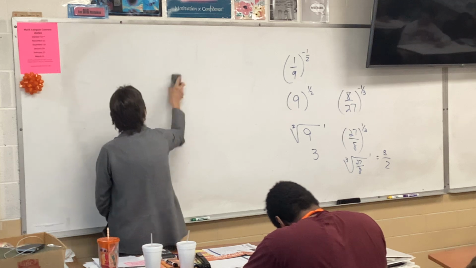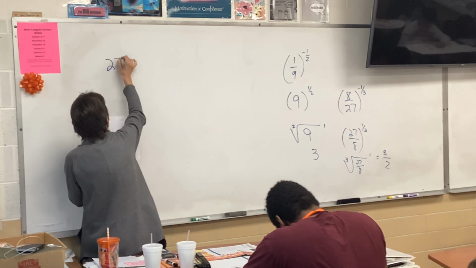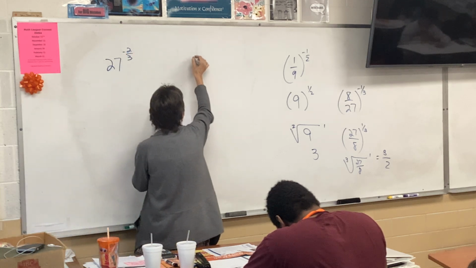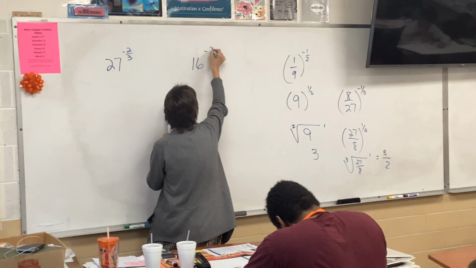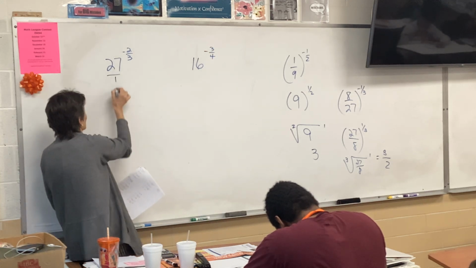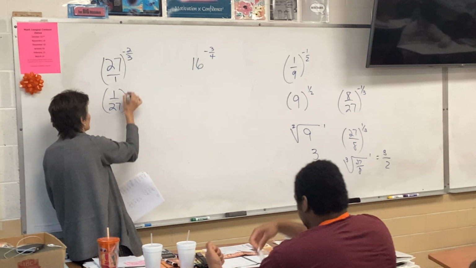Tell me. Oh, 1 over 9. Flip it so it's 1 over 27. Yell it out.